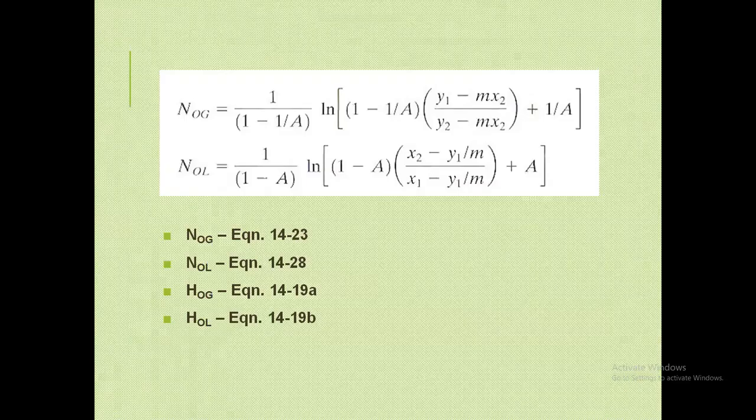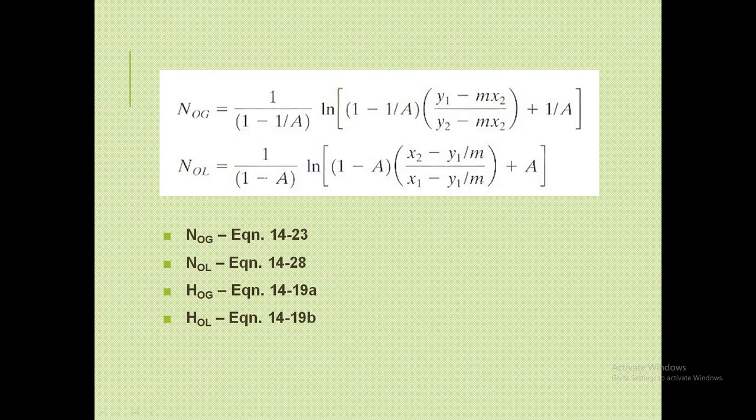Now, your NOG and NOL have equivalent formulas also in Geankoplis, and these formulas are functions of the slope of the equilibrium line, the gas absorption factor A, and the mole fractions. So you have Y1, Y2, X1, X2.